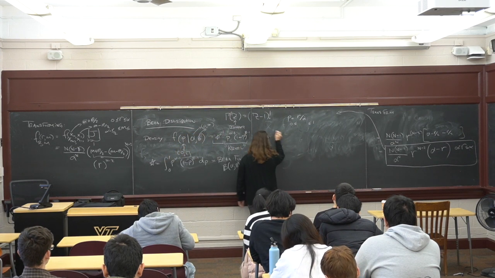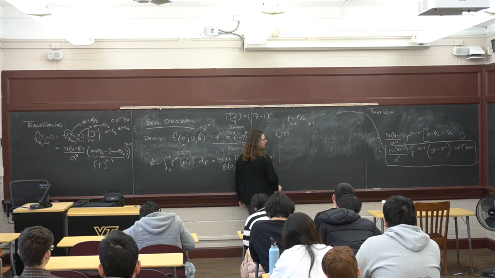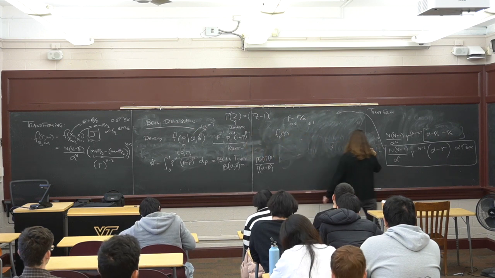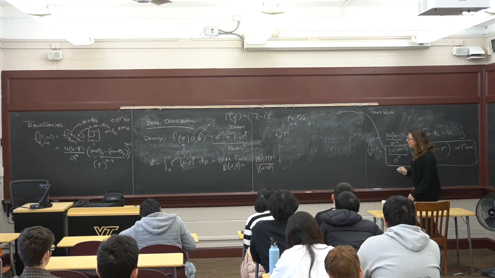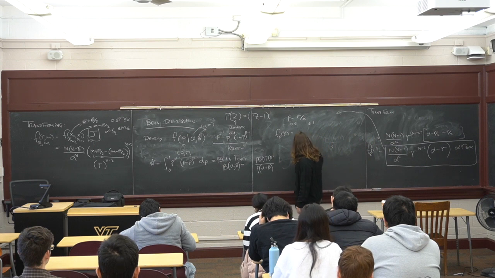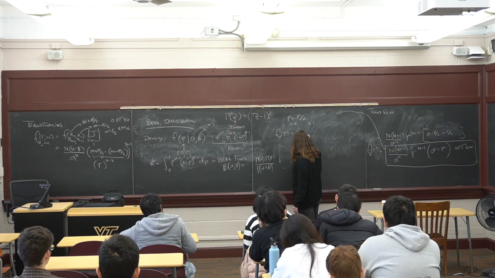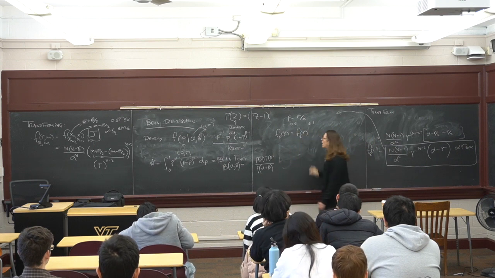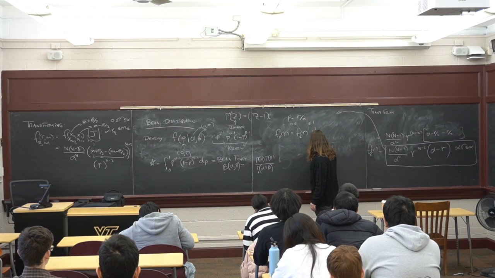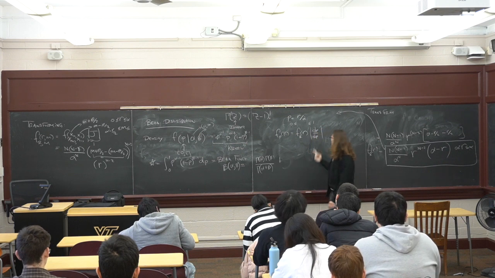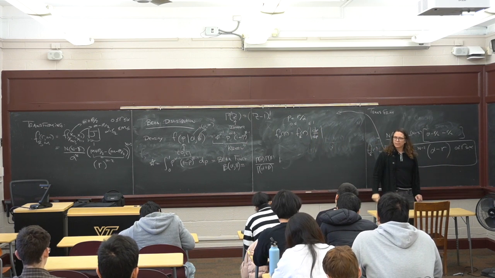So if we're going to transform and I want to find this distribution on P, and I've got my distribution on R, that's this right here, then I know how to do this. F_R of R, and I'm going to need my Jacobian term. And in our case, it's just this thing.